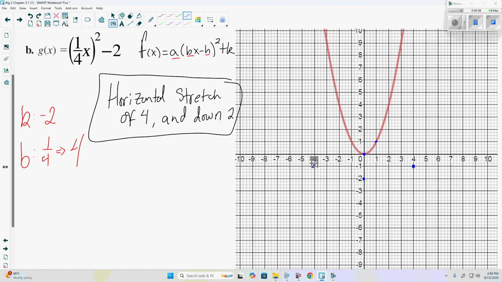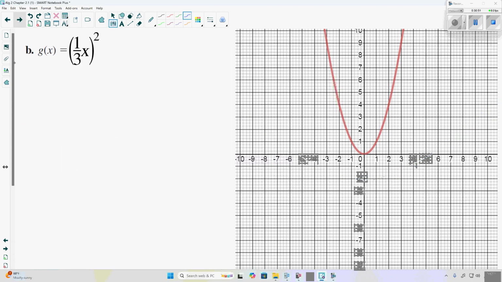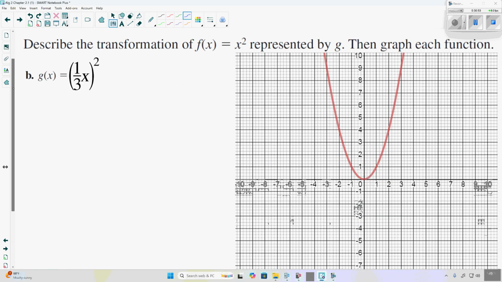Because we said it stretched horizontally, that means along the x-axis is going to increase faster. The next point on this is actually going to be out there. But that's not as important. We got 2 left. I believe it's this one and the next one. This one here.